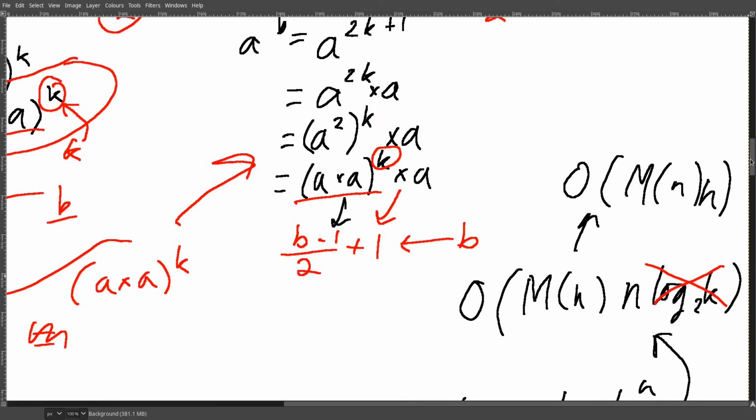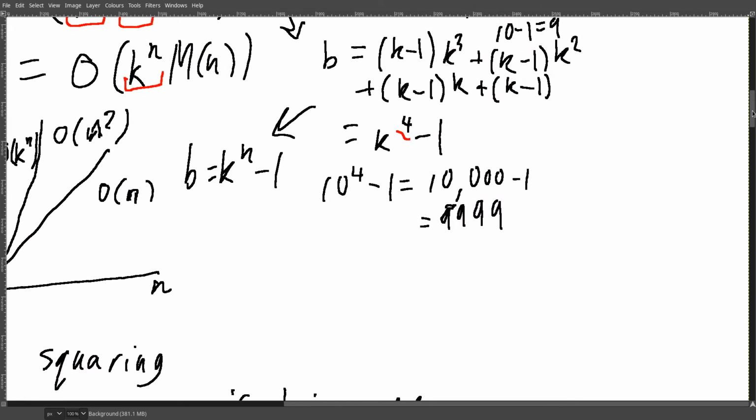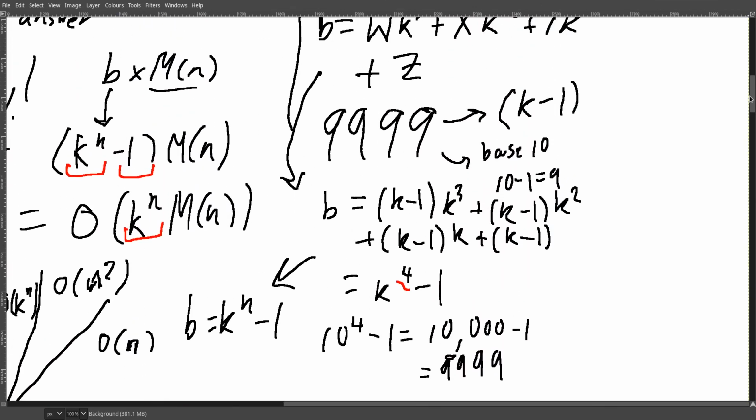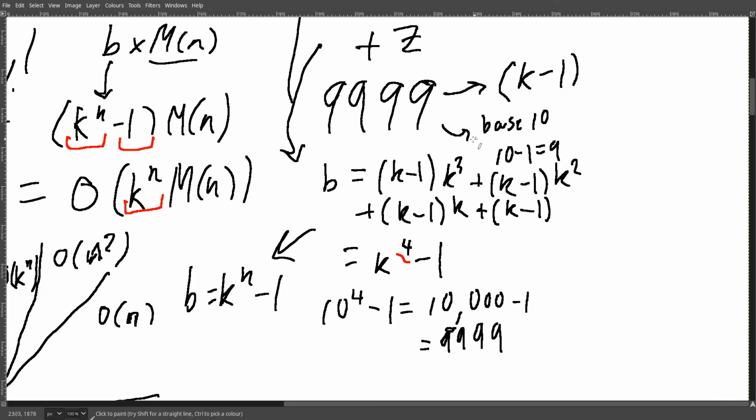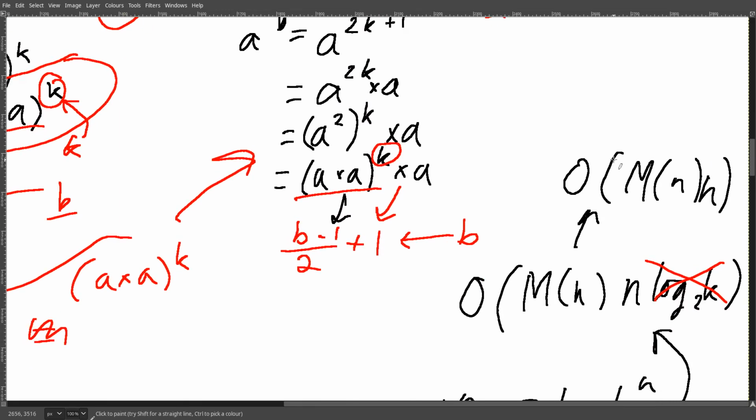And when we compare this to the time complexity of the original algorithm, which is k to the power of n times mn, this is an enormous improvement. We've gone from an exponential factor to a linear factor.